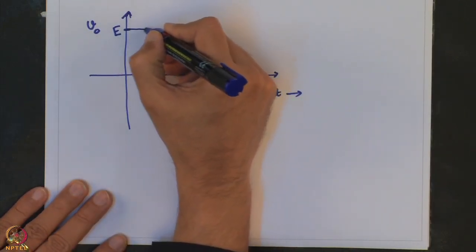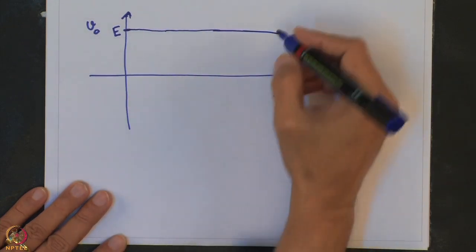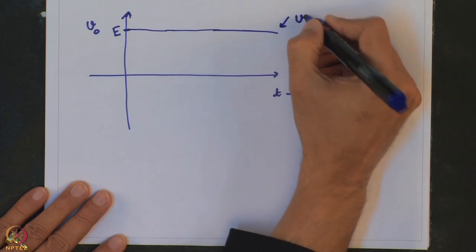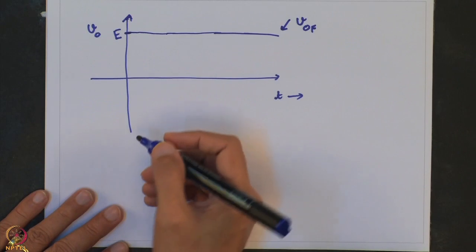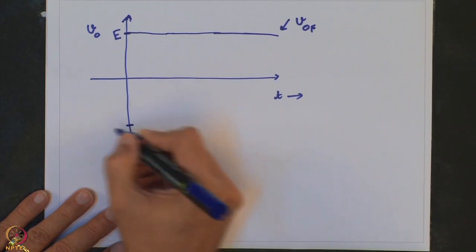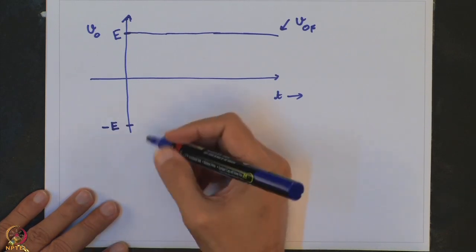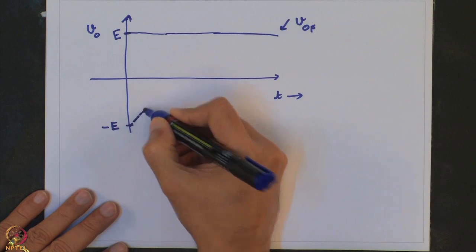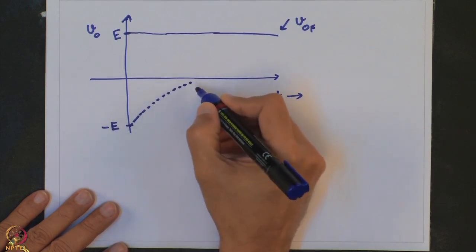Then I can say that this is the forced response. And if I say that this is the minus E point on the graph, then I can say that this is the natural response.